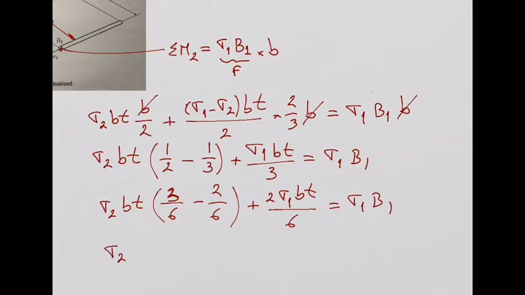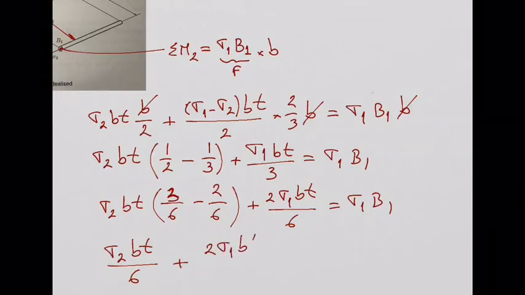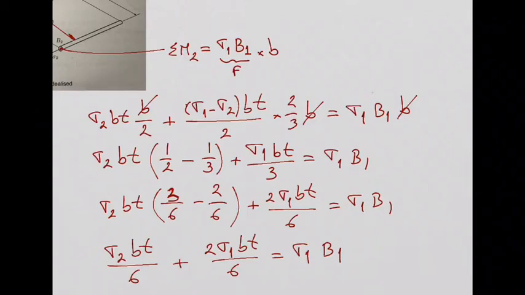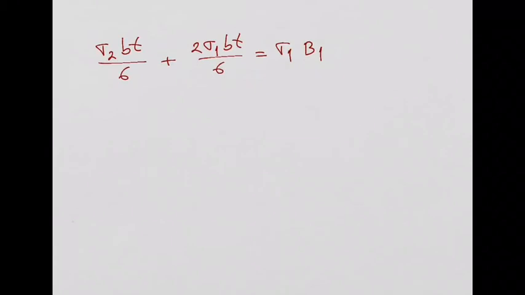So I will have sigma 2 bt over 6 plus 2 sigma 1 bt over 6 equal to sigma 1 b1. Almost there. So I'm going to copy this equation and move to another slide. Okay, let's continue from here. Now, I'm going to divide everything by sigma 1. So I will have what?